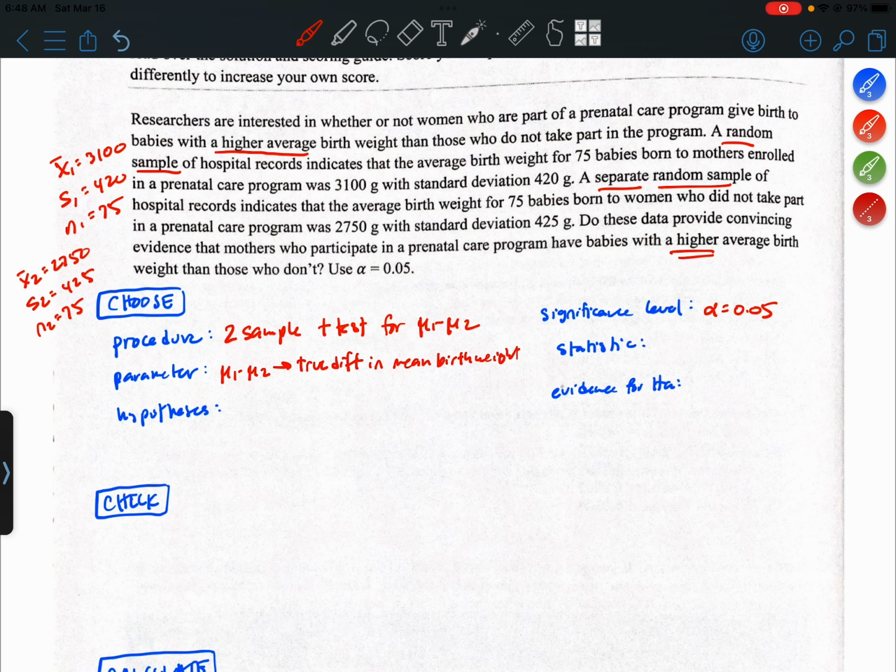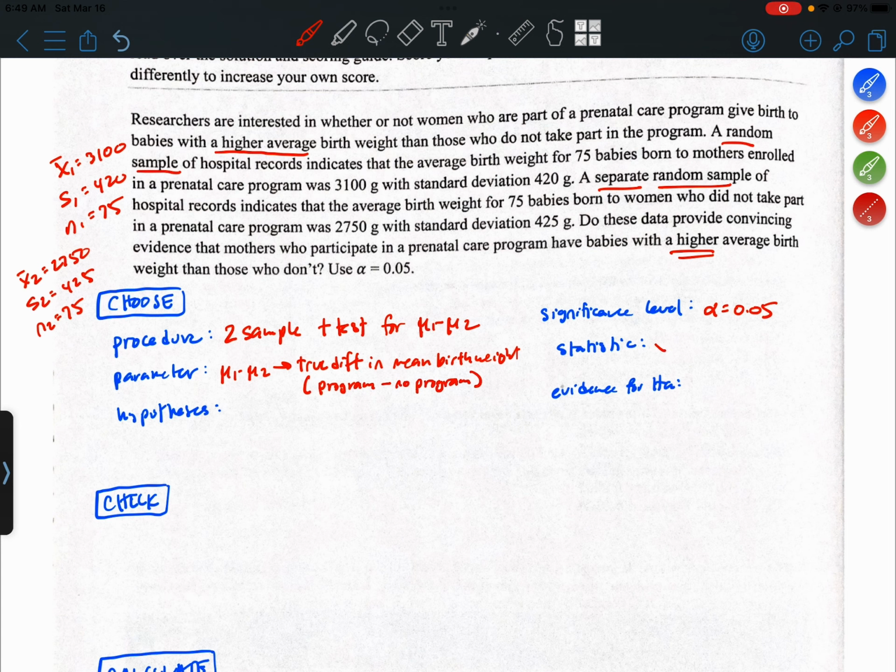Group 1 was the women in the program. Group 2 was the women not in the program. So I'm defining the difference as program minus no program.